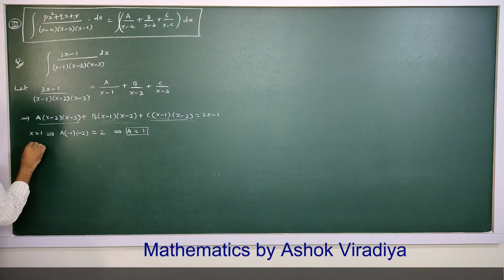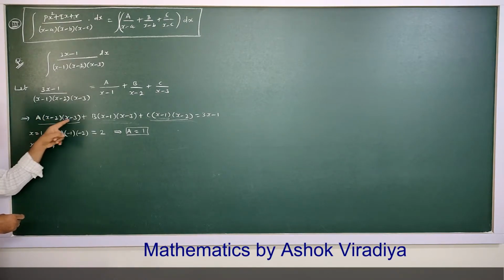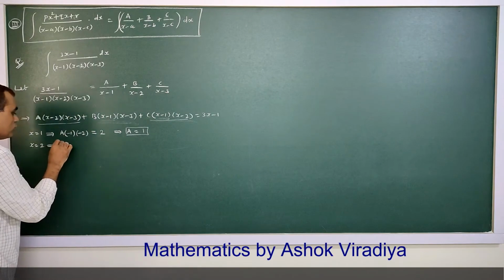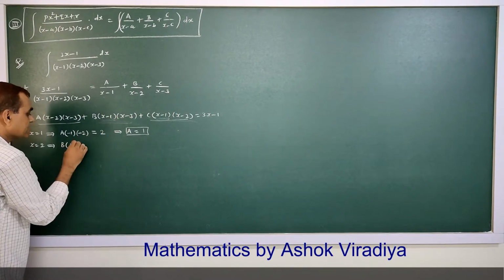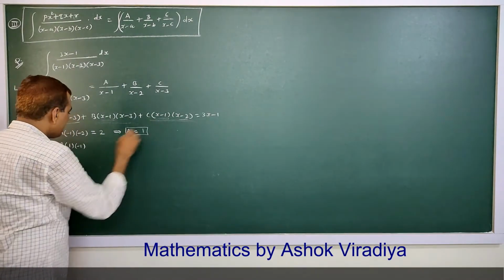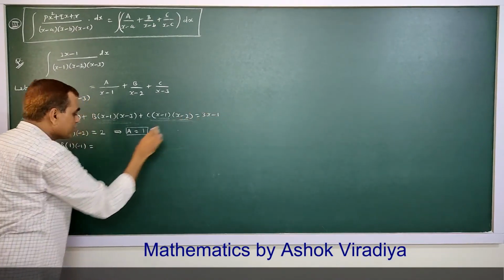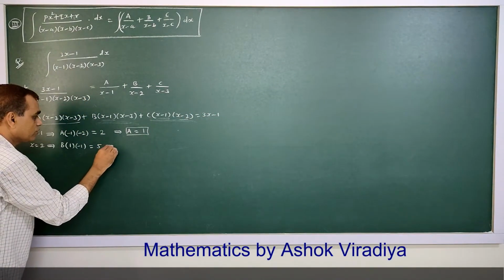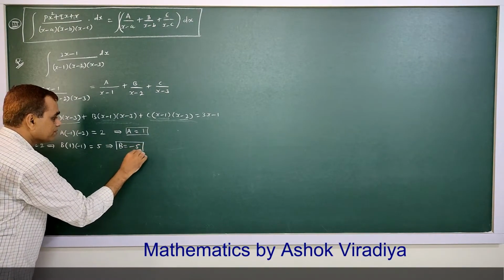So we take x equal to 2. Taking 2 here, this is 0. Now put 2 here. So b into (2 minus 1) is 1, (2 minus 3) is minus 1, equal to, putting 2 on the right, 6 minus 1 is 5. So b is equal to minus 5.